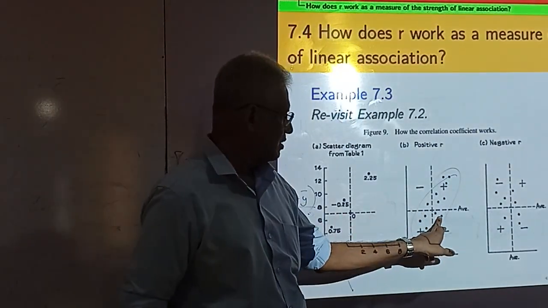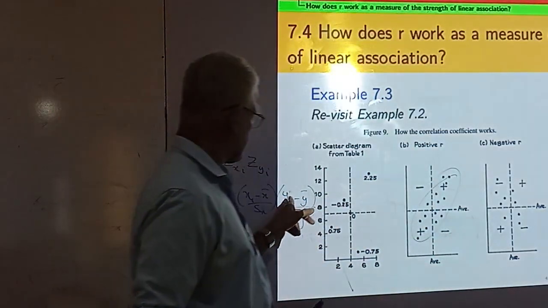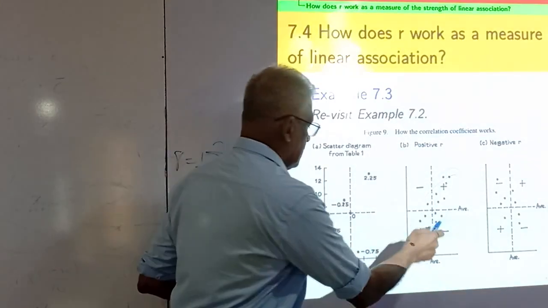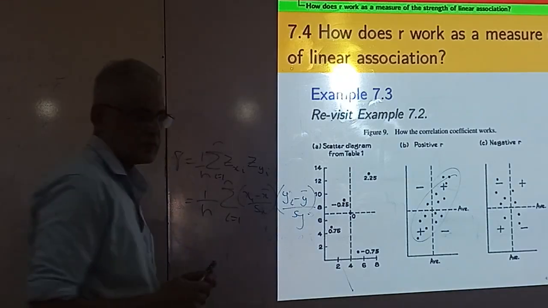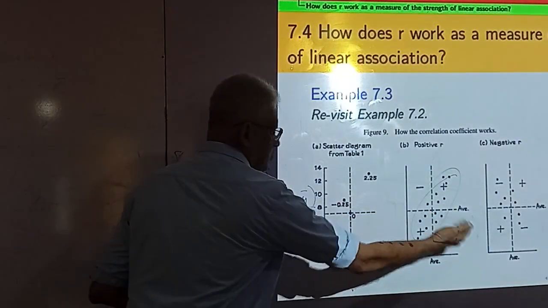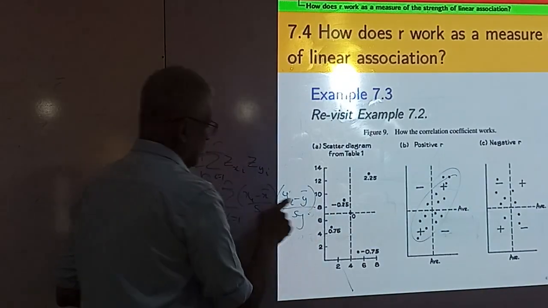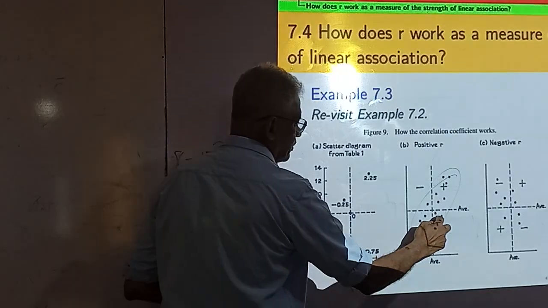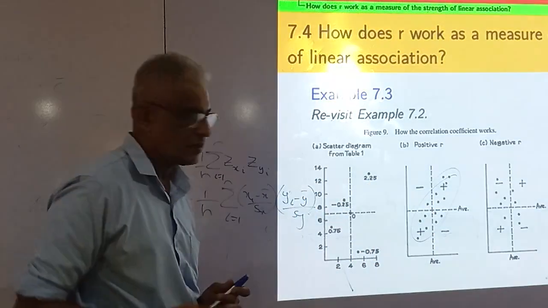For these values, that part will be positive, but this part will be negative because these are below the y bar values, right? So this quantity will be positive here because x_i is greater than x bar. For this, the y_i value is less than y bar, therefore y_i minus y bar will be negative. So the product coming from these observations will be negative.